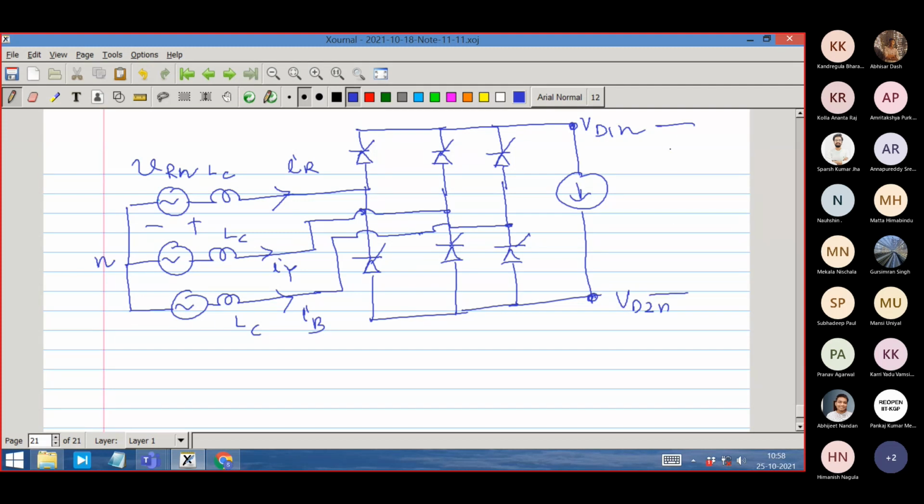Overall this voltage is V rect, and how much it will be different now, we will be seeing. It is minus plus VYN plus minus VBN. We will investigate that in the next class with a quantitative expression.